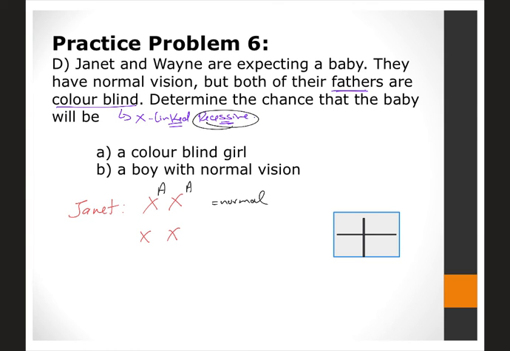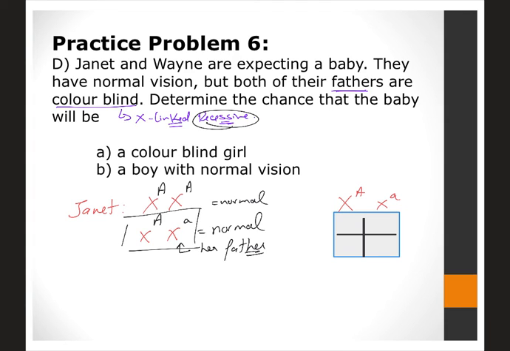And we can actually determine what she is based on the fact that her father is colorblind, so we know that her father would have had this one affected allele, and this is the allele that he would have given to his daughter. So we know for certain that Janet would need to be heterozygous. So we can put Janet within our Punnett square very confidently.